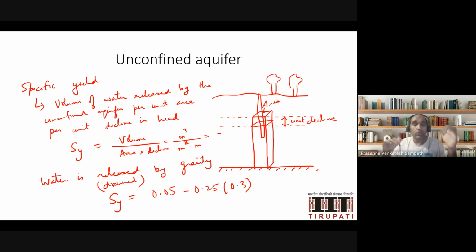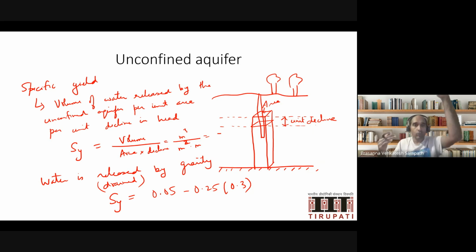Okay, so the term specific yield does not have any units because it has volume in the numerator, the volume of water released by the aquifer, and in the denominator I have the cross-sectional area, which is units of length square, and again in the denominator I have the decline in head, which is again in units of length.